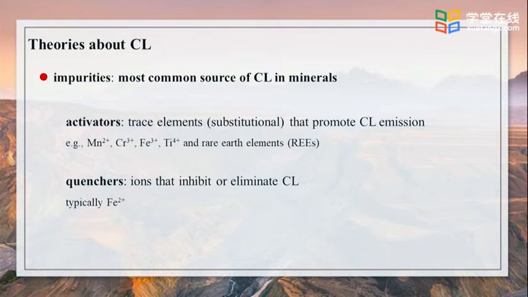The most common quencher in minerals is typically ferrous iron. A given mineral can accept different activators and give out a different CL color for each. For example, feldspars can accept manganese to give greenish yellow, and ferric iron to show red. A given activator may be incorporated by different minerals and produce different colored CL in them.